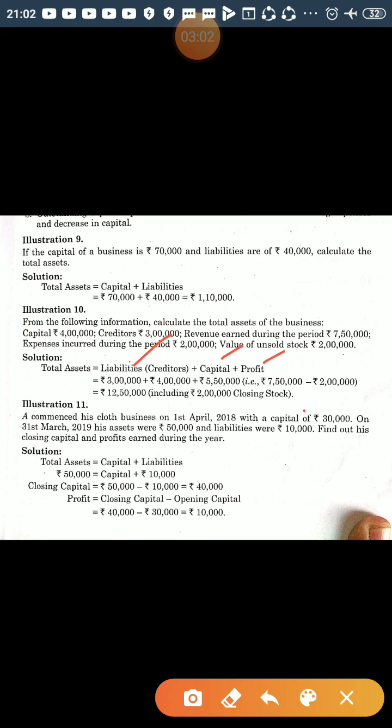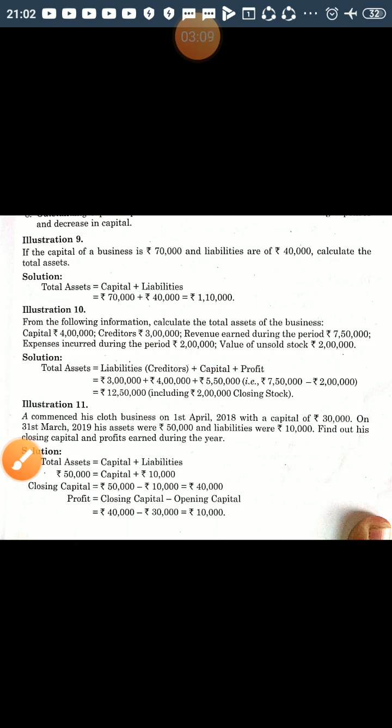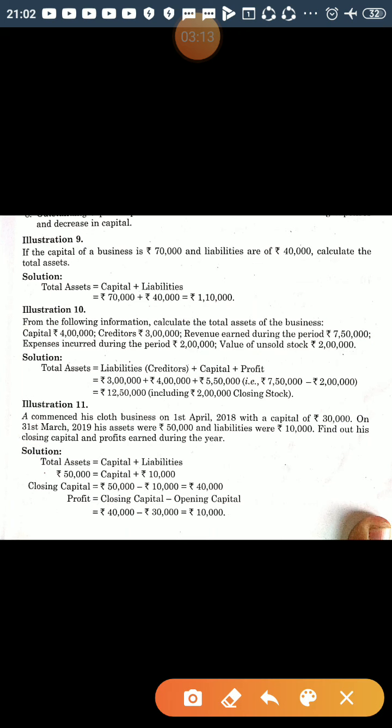For the profit, we have the revenue earned during the year and the expenses incurred in this period. So profit can be calculated as revenue 7,50,000 minus expenses 2 lakh.